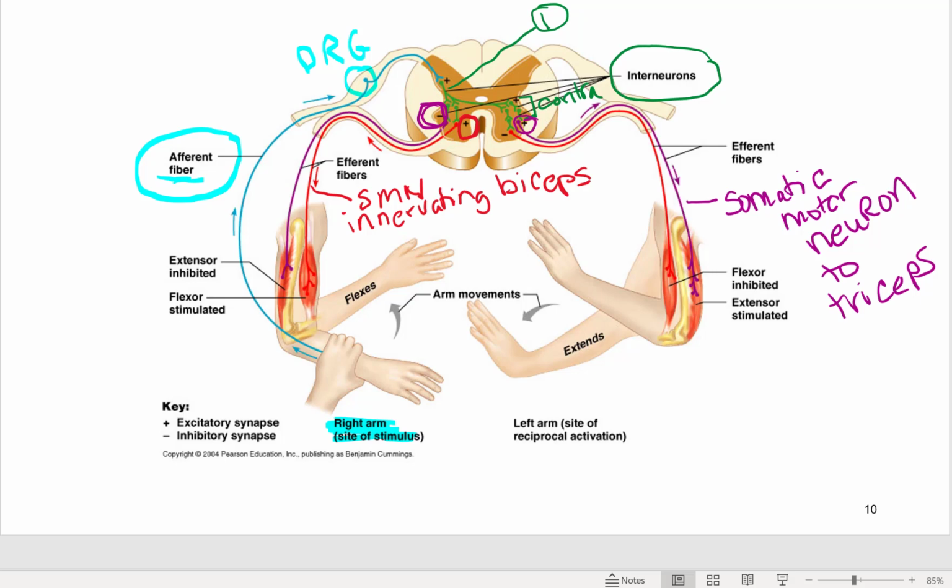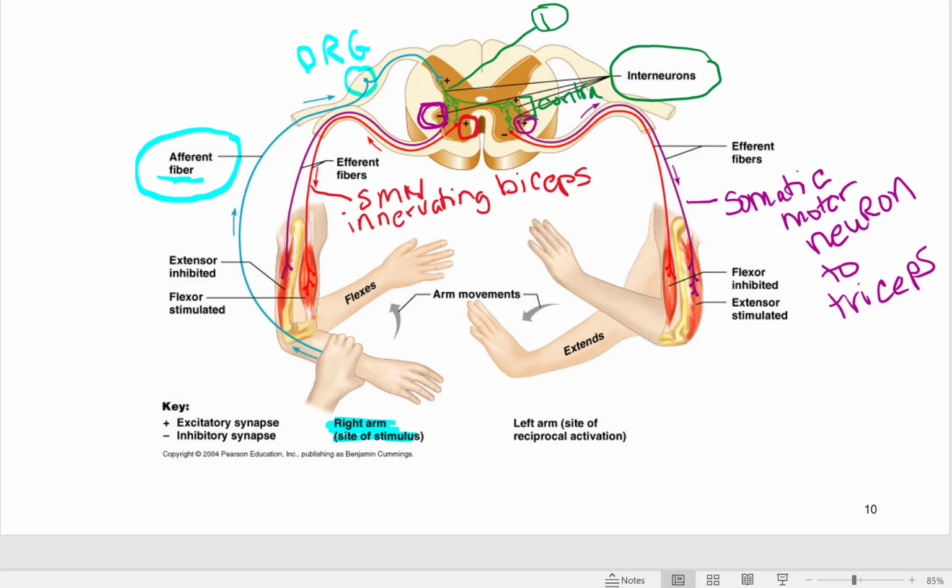It would reach threshold, it would spike an action potential, and it would stimulate the triceps muscle group. They would contract. If the triceps contract, you extend your forearm.